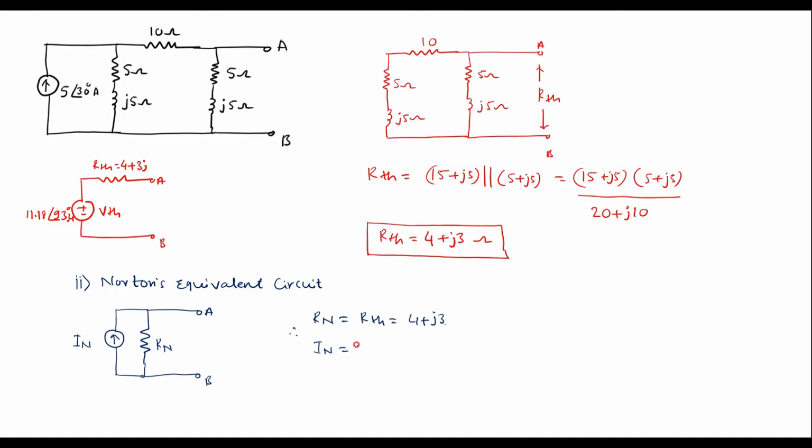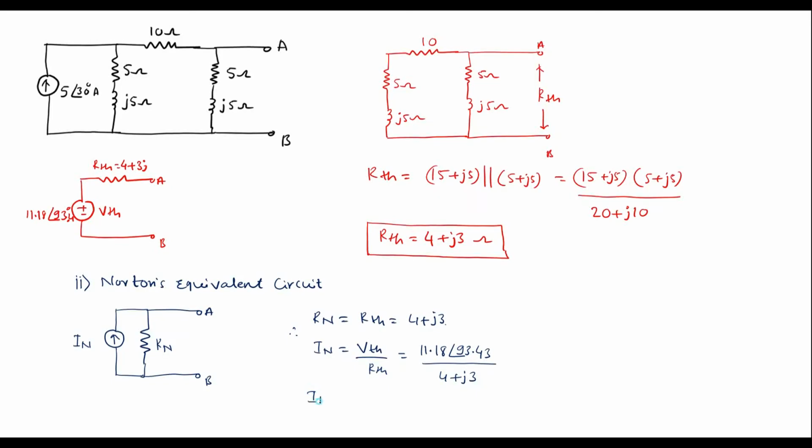Therefore I can write IN is equal to VTH by RTH, which is 11.18 at an angle of 93.43 divided by 4 plus J3.